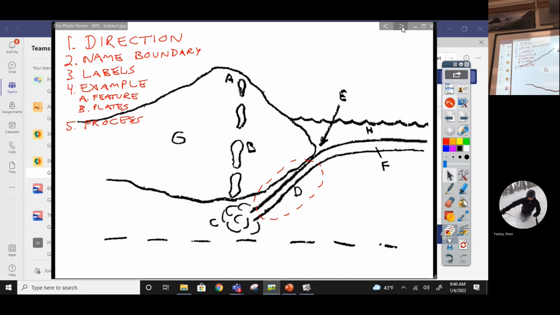Okay, so F, these things are moving together. Here's letter G, and then letter F, the oceanic one. So they're moving together. What do we call that when they come together? It was the same thing as number one. It was two continents that collided.